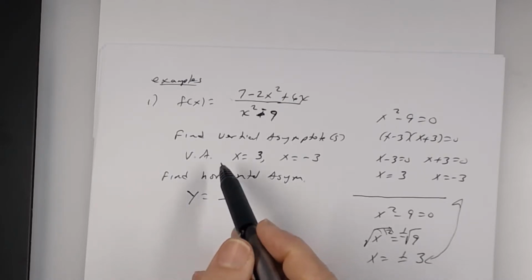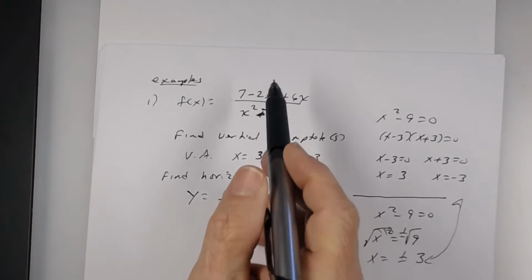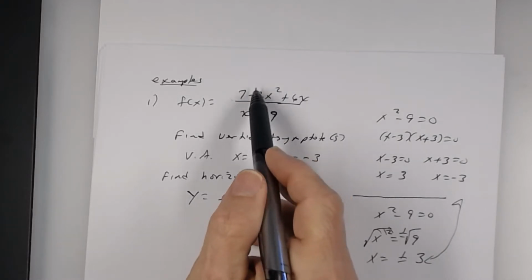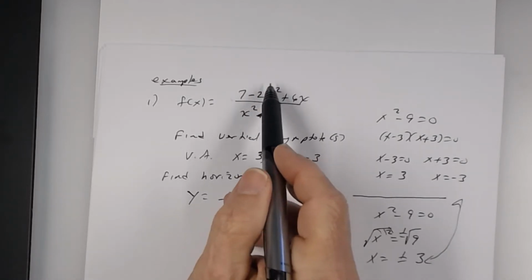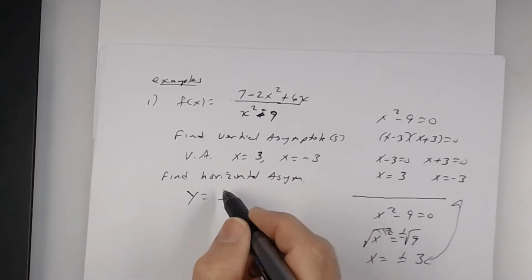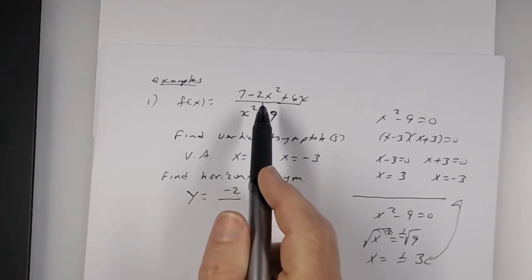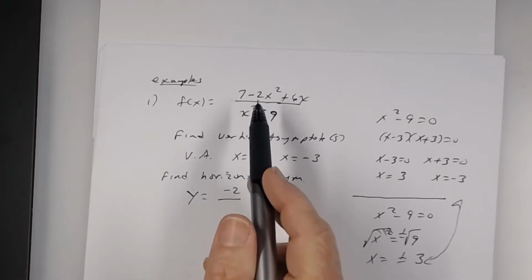What do you think is the leading coefficient of the numerator? -2. It's the coefficient of the largest degree term. Isn't that where you got your largest degree term? What's the coefficient? -2. So don't say 7. It's not the first term, right? It's whatever the largest degree term is, the coefficient of that.